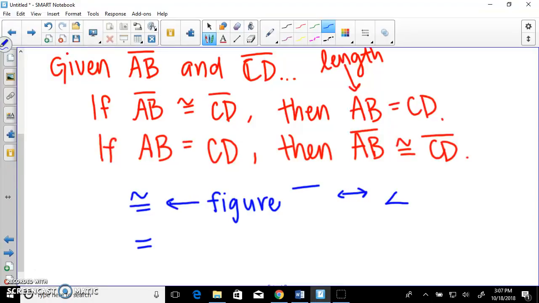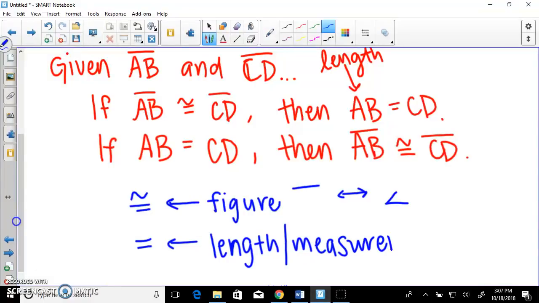We would say that a length, so this is a length or a measurement. So that's why, for length, we just say AB. We don't put the segment bar over it. Or for a measurement, we might say the measure of angle A, not angle A. Angle A is a figure, segment AB is a figure.